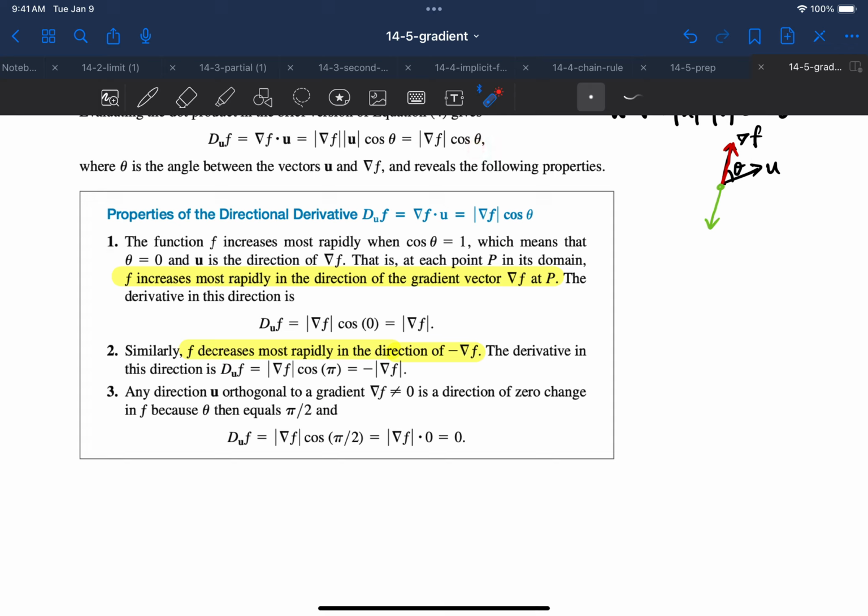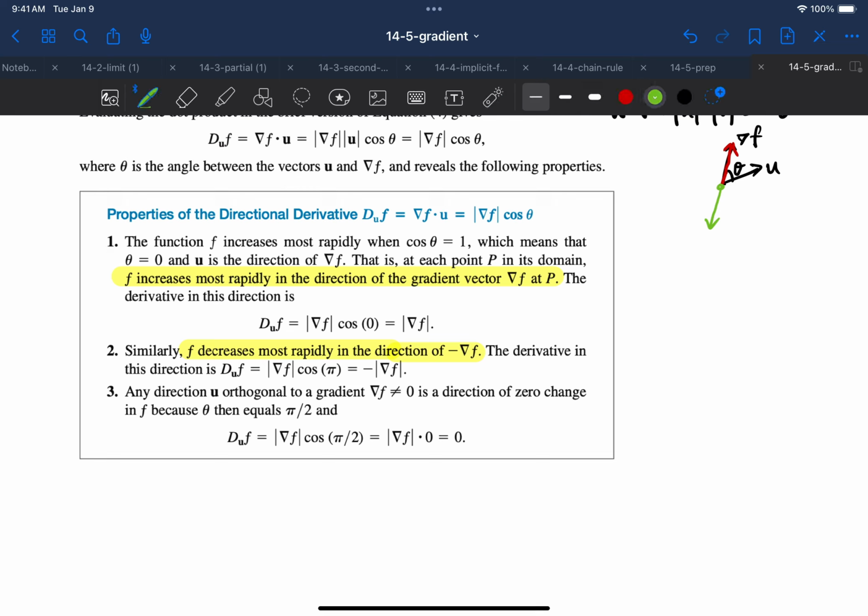So if theta is 90 degrees, in other words, gradient f is pointing here, which is pointing to the peak, then what you want to do is go 90 degrees to this gradient f, which directs you to a trail which is flat.